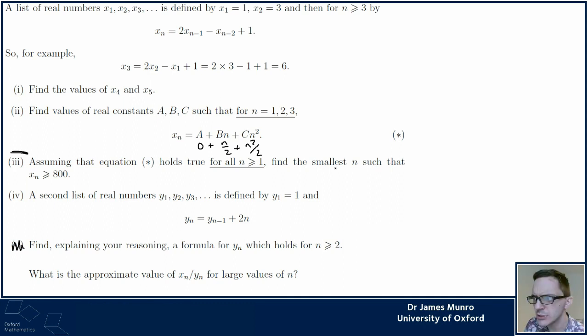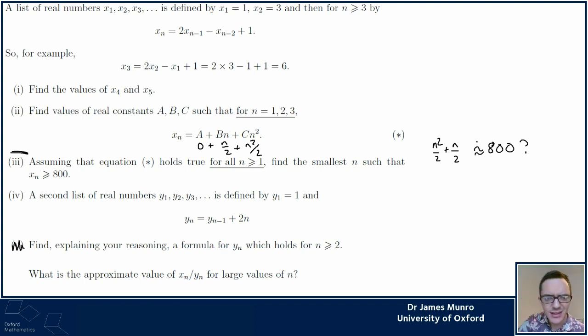So I think my plan is to try and solve what if I want n squared over 2 plus n over 2 roughly equal to 800. When does that happen? If I can find roughly when it's about 800, then I'll have a good sense of when it swaps from being less than 800 to bigger than 800.